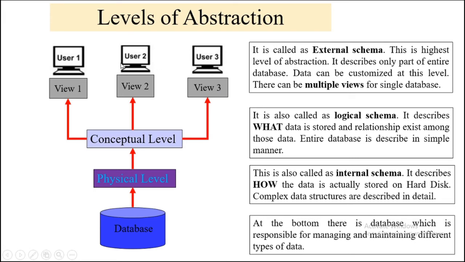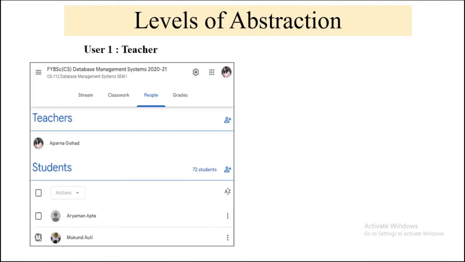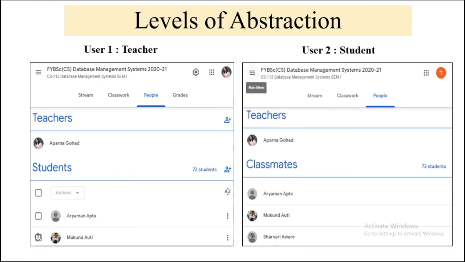for multiple users. We'll see one example of Google Classroom where I have one user as teacher and a second user as a student. Now, if you see these two users, these are two views, that is, there are multiple views for one database.